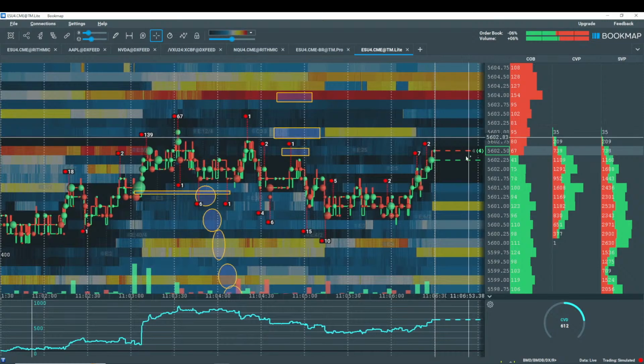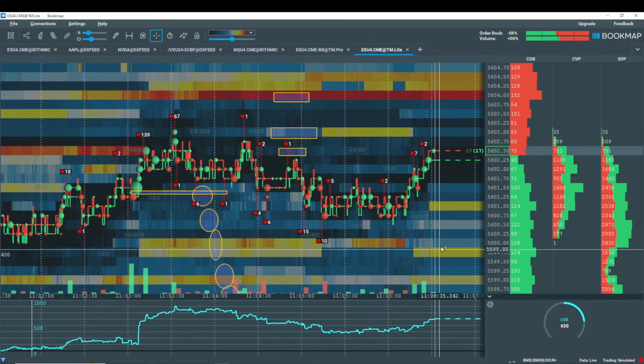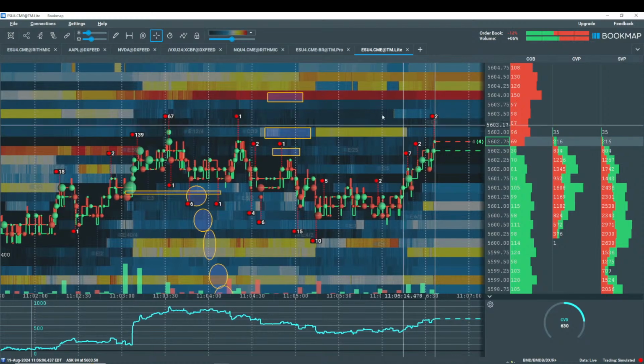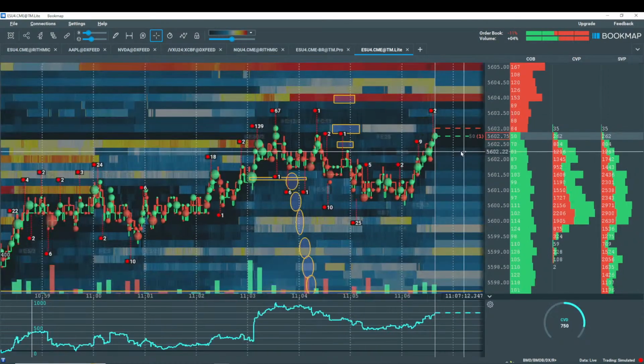No, no, strong bid. Still a strong bid. Look at that. Still pushing. Still finding buyers.